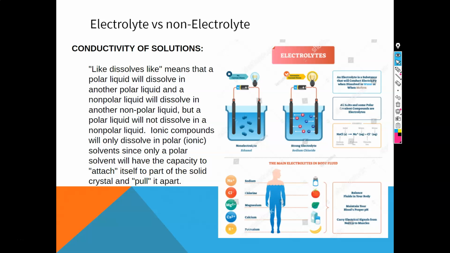So you'll notice that a light bulb, which shows us conductivity, will light up if there are particles with positives and negatives on them, like which comes from an ionic compound, but a solution that only has covalent compounds in it does not have any charges, so it will not make the light bulb light.